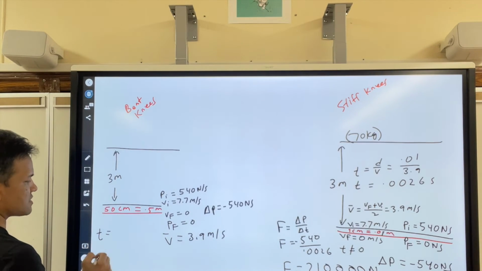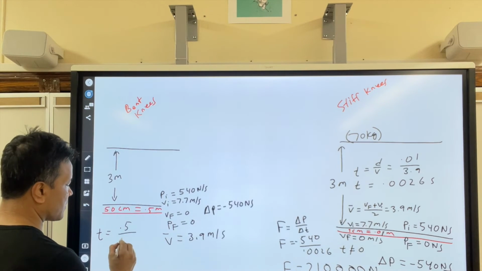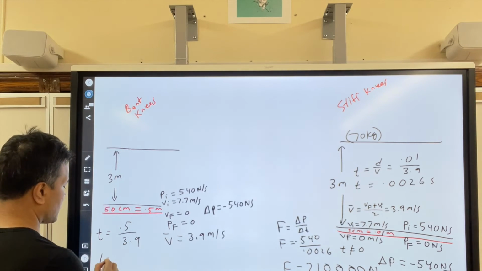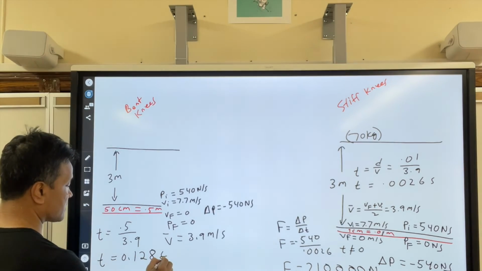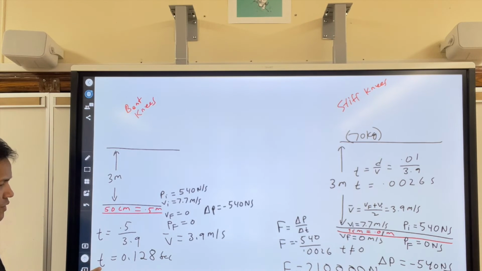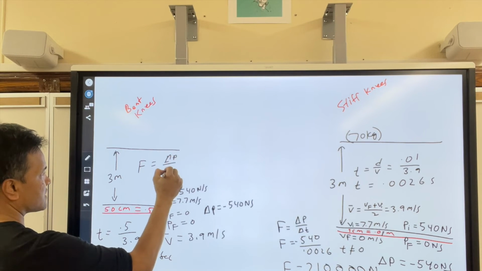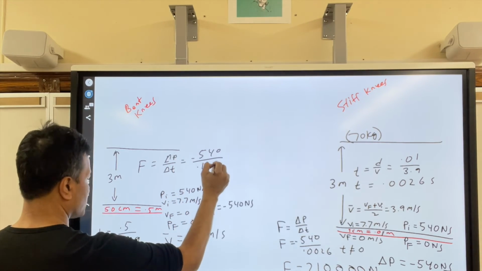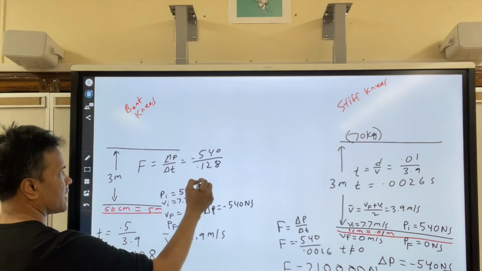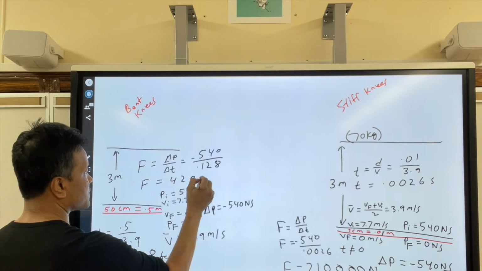Time is distance, which is 0.5, over velocity 3.9. So time is 0.128 seconds. Alright, so we are trying to find the force, right? Force is delta P over delta T. So that is 540 divided by 0.128. And that's going to give you F is equal to 4200 Newton.